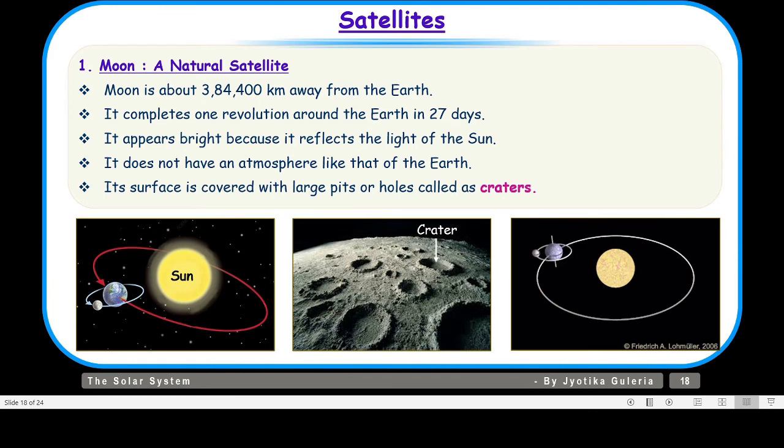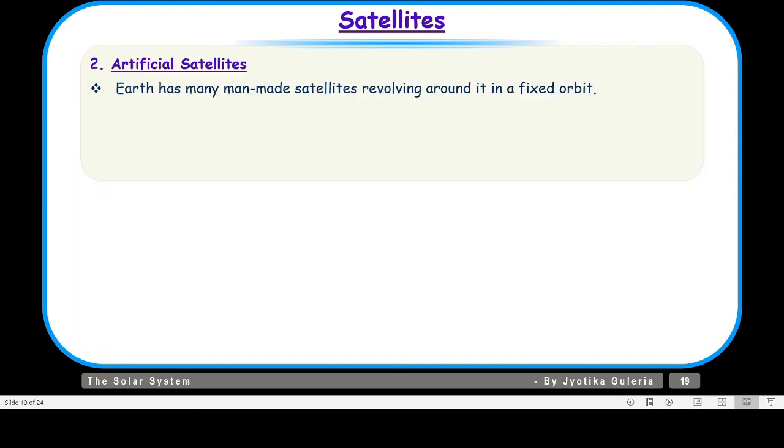So as you can see in this picture, the earth is revolving around the sun and the moon is revolving around the earth. The moon does not have any light of its own; it reflects the light of the sun, and that is why we are able to see the moon in the sky. Now we'll talk about the artificial satellites.